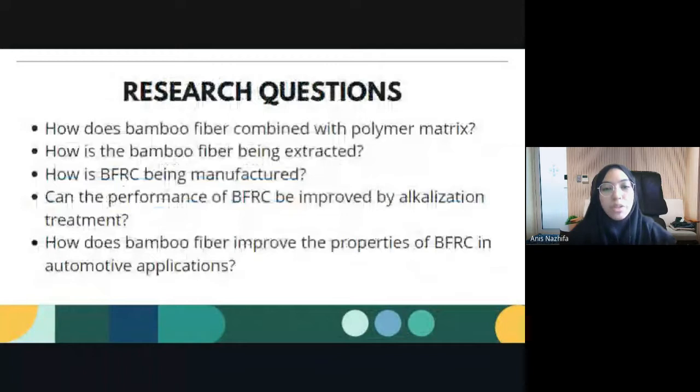The research questions of my study are: how does bamboo fiber combine with polymer matrix, how is the bamboo fiber being extracted, and how is bamboo fiber reinforced composite being manufactured? Can the performance of BFRC be improved by alkalization treatment, and how does bamboo fiber improve the properties of BFRC in automotive applications?